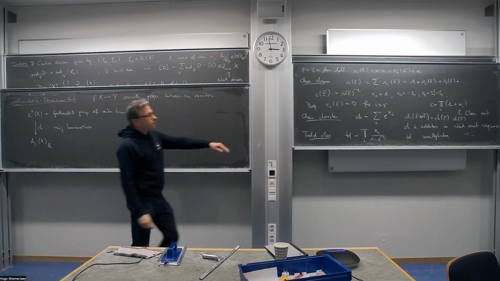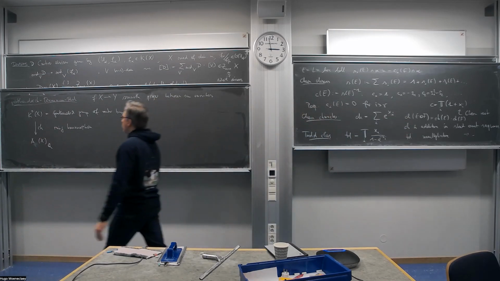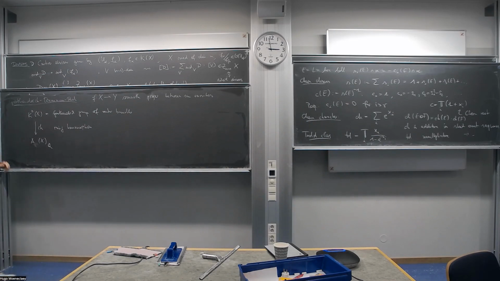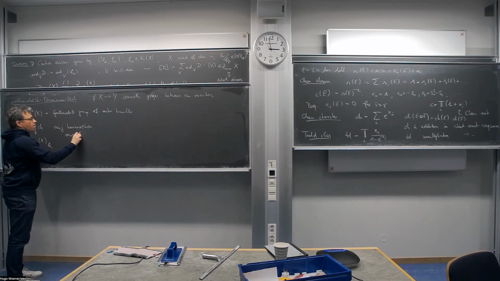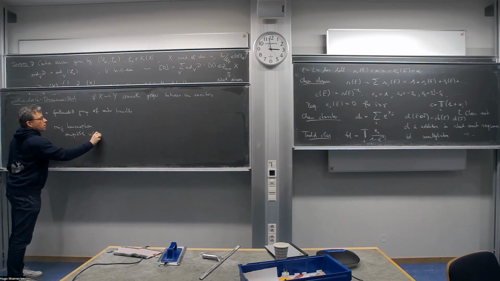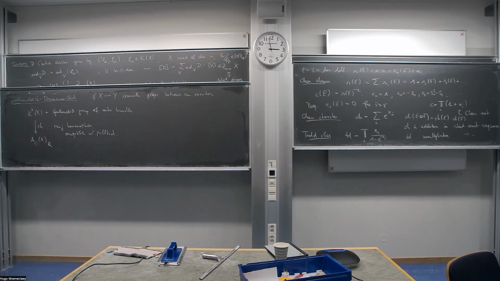What I wrote down here follows formally. And this ring homomorphism is compatible with pullback. This follows from the construction of the Chern character. And now one can ask, is this ring homomorphism also compatible with pushforward?